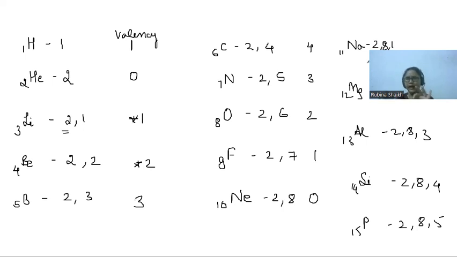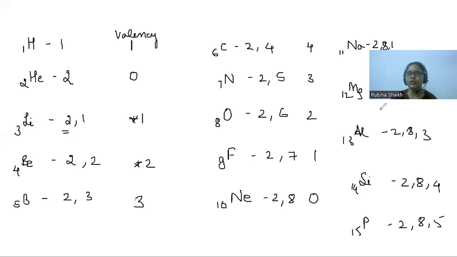I'll give you a simple idea to remember how to decide the valencies. Basically, you have to remember that the outermost shell electrons is the valency, and if it is more than 4, then you have to subtract that number of electrons from 8, and that will be the valency.